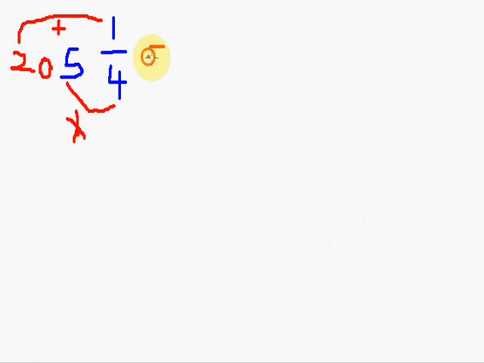Remember I tell you that the 4 remains the same, denominator remains the same. So the answer in this case is 21 on 4. Okay. Okay, let's look at this one.